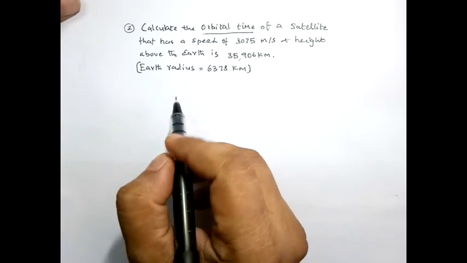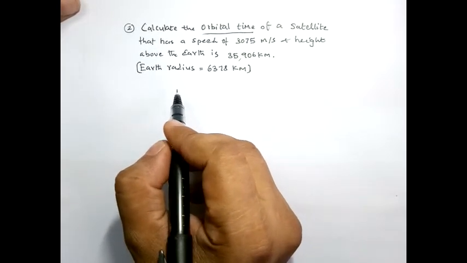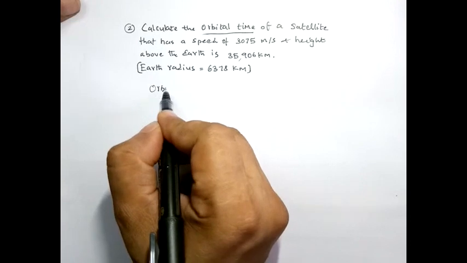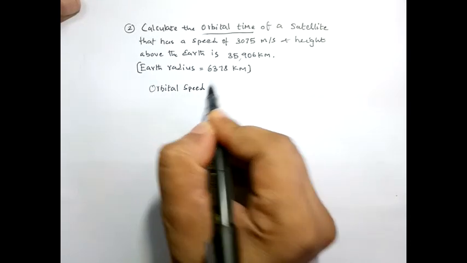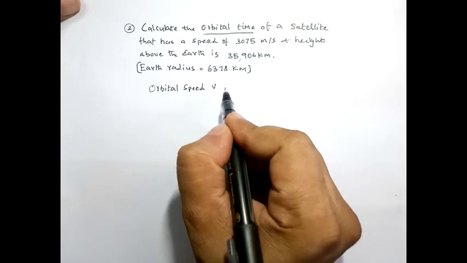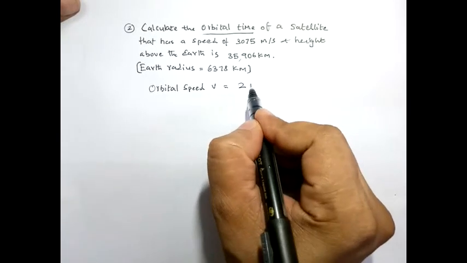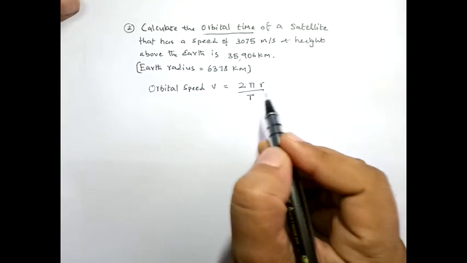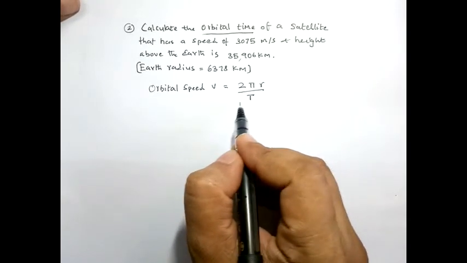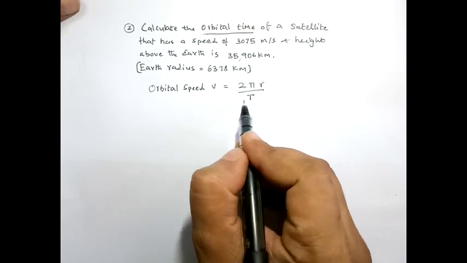Obviously we are going to use the same formula. Orbital speed v equals 2 pi r divided by t. Now what we are going to do is just interchange.